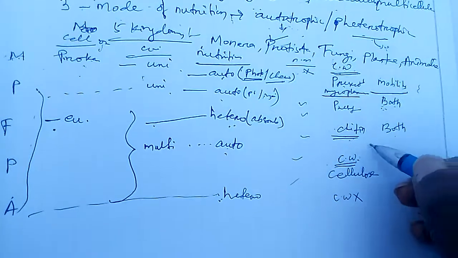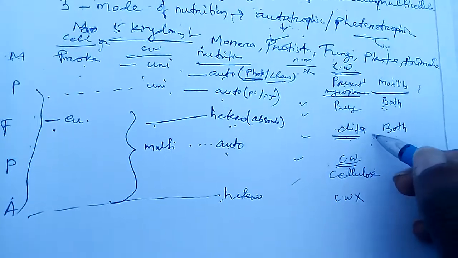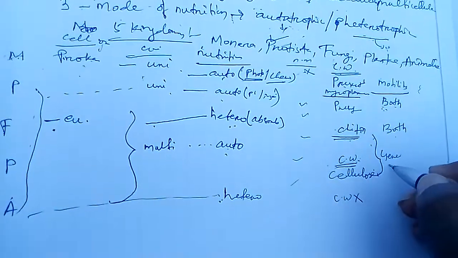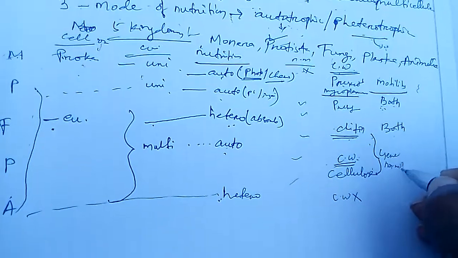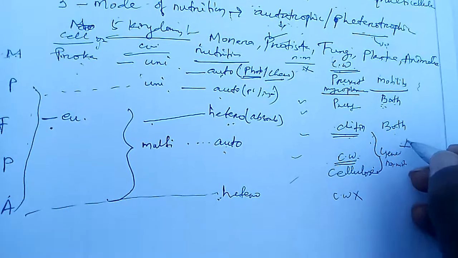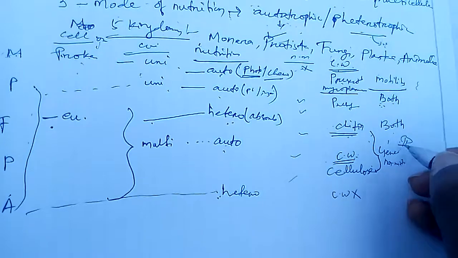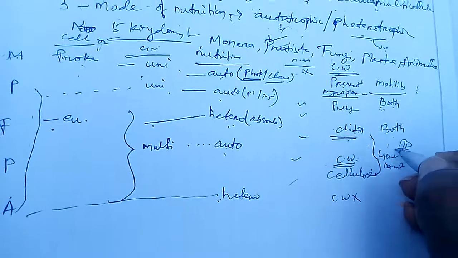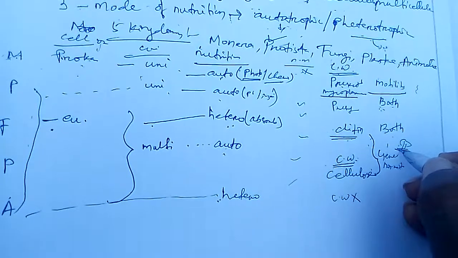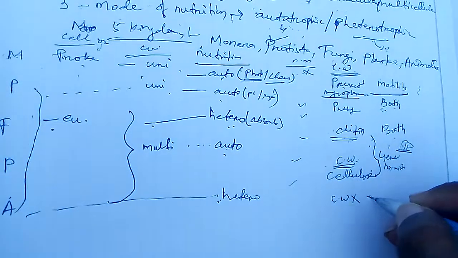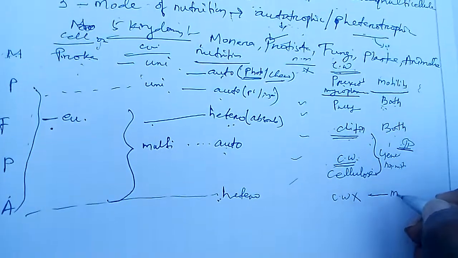Then fungi and Plantae. In fungi and Plantae, organisms are generally non-motile. That means they are fixed to a particular place. Like plants and fungi, they are fixed to a substratum or to a host cell. That's why they are immotile or immovable. Then animals. All animals are generally motile.